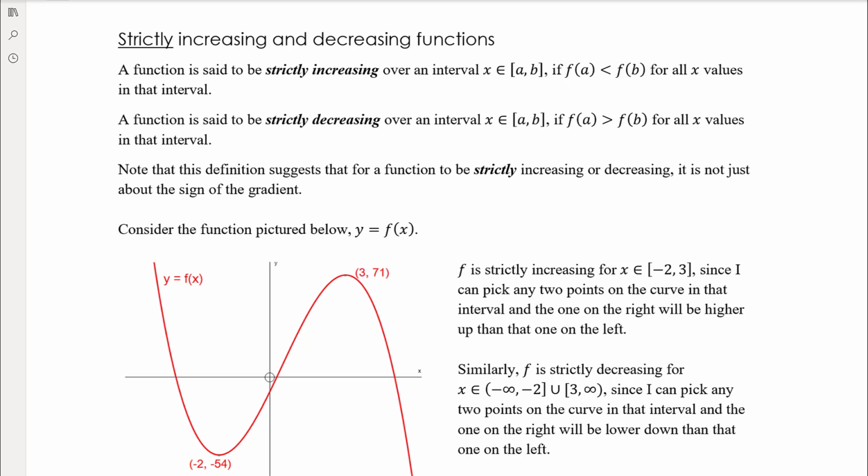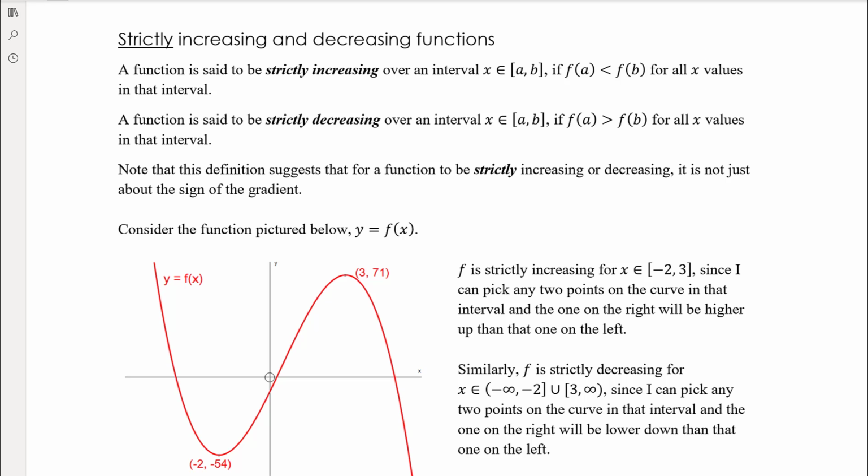So obviously an increasing function, or if we want to think about where a function is increasing, it's going to be where it has positive gradient. Okay? And if we want to think about where a function is decreasing, it's going to be where it has negative gradient.